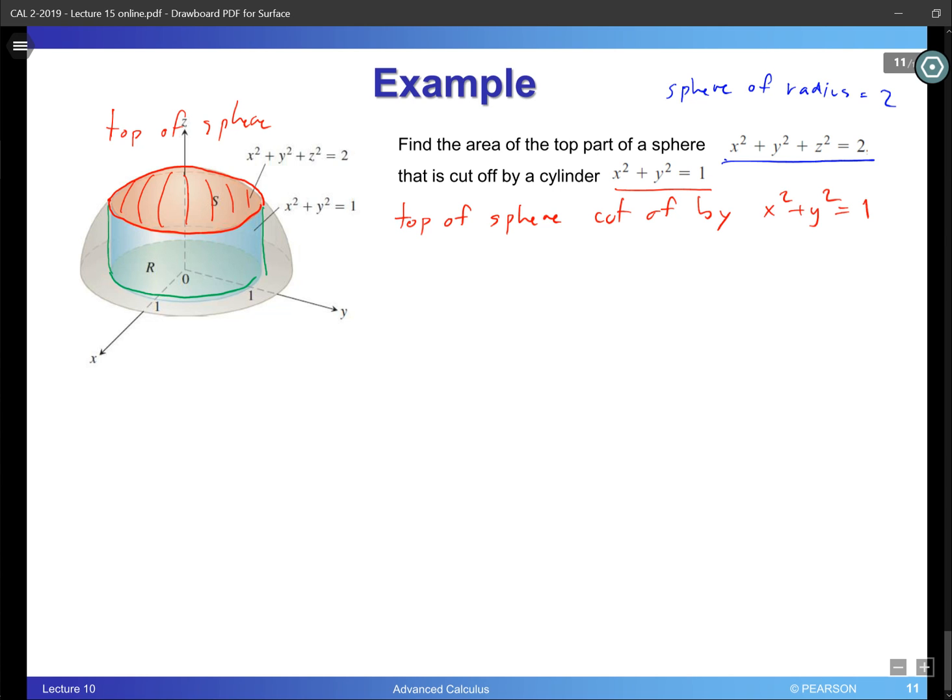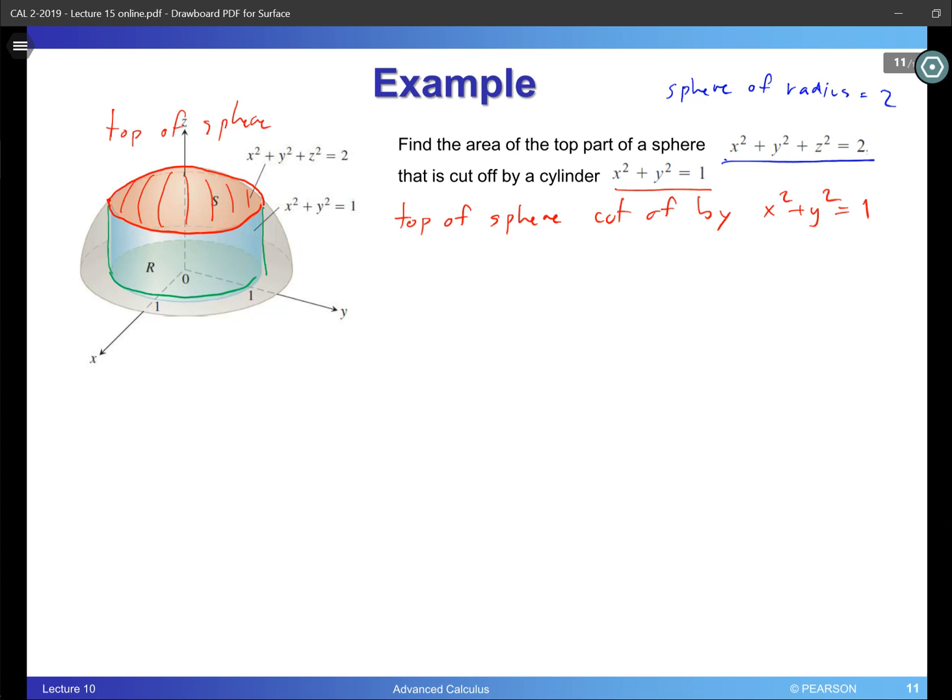A circle of radius 1 just cut through from the top, and you get this sort of like a cap or upside down bowl. Think of maybe a coconut or something, and then you crack it open, and the top of that is the kind of shape we are looking at here.